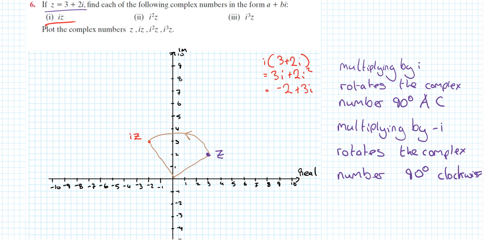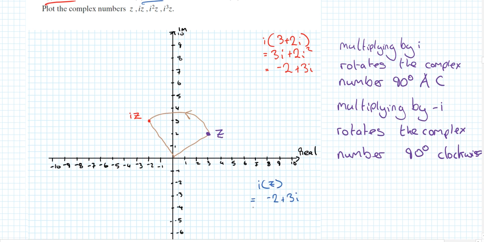What if I were to multiply by i again and get i squared? Well, I know i times z is equal to minus 2 plus 3i from above. If I multiply that again, I just need to multiply by i one more time and get minus 2i plus 3i squared. What happens here?